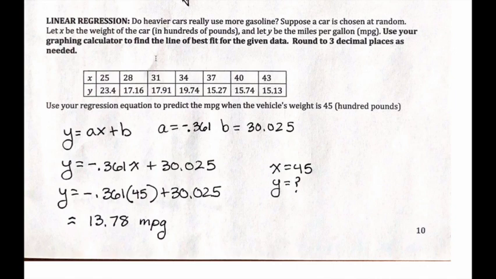Now, in real life, when we collect data and we plot them on a graph, it's not going to come out to be an exact line because things in life are not perfect.